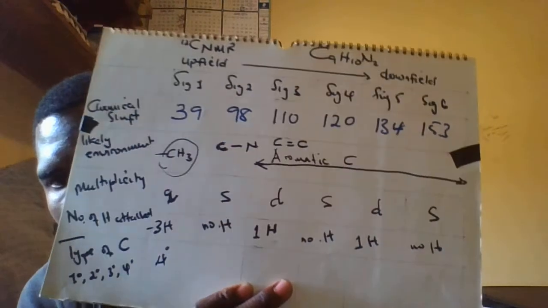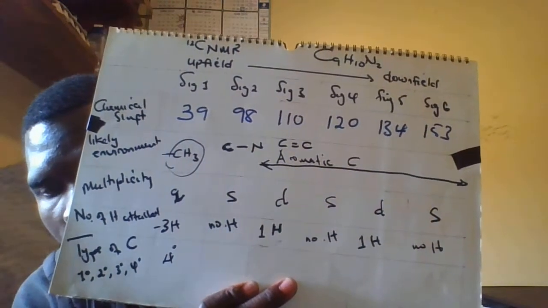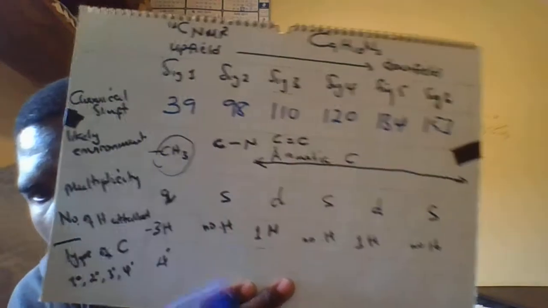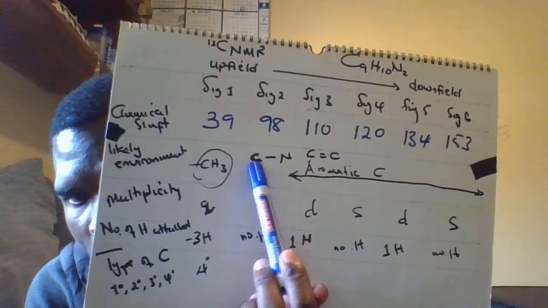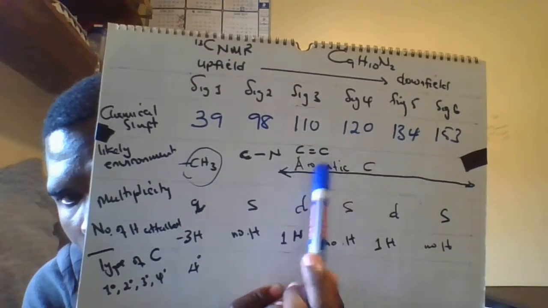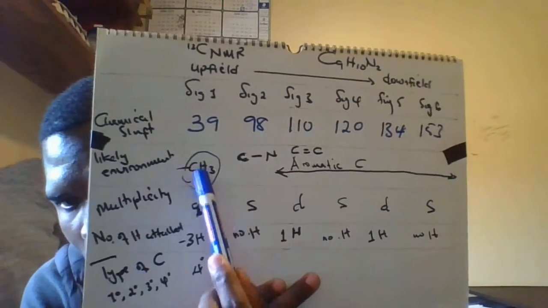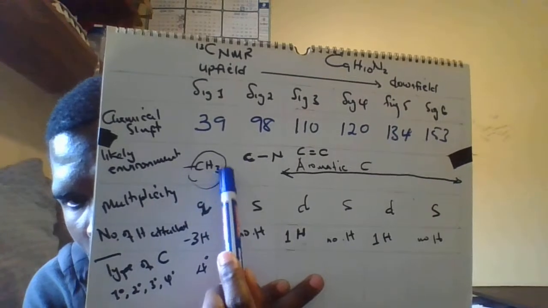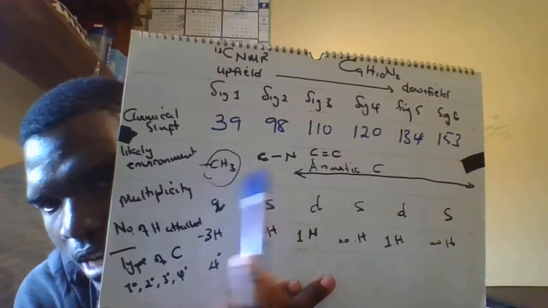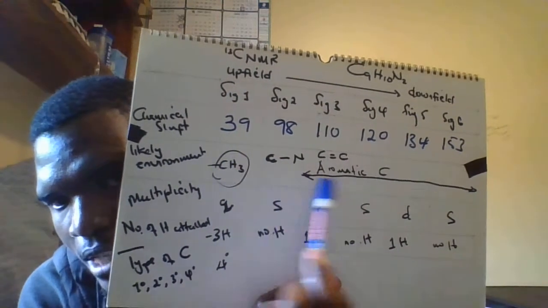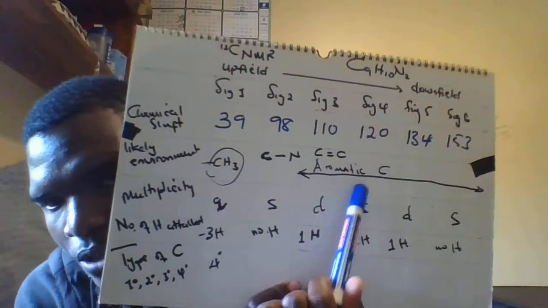So now we need to figure out, we have this carbon, the CN bond, then we have these aromatic carbons, then we have these primary carbons like this. This actually can give us information of what is happening.